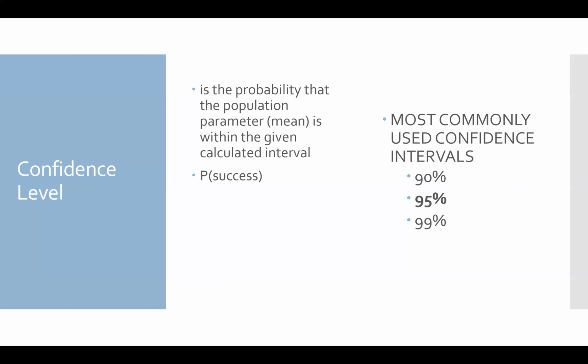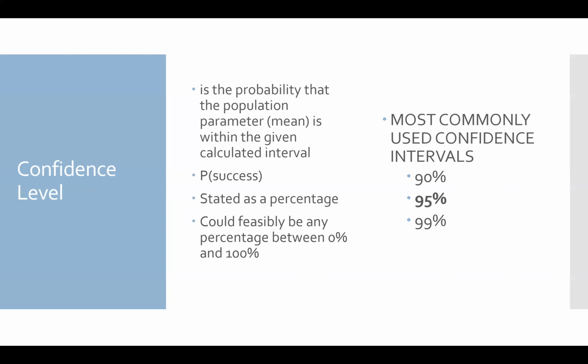It is typically stated as a percentage, although remember, probabilities can be stated as fractions, decimals, or percents. The confidence level, which is a probability, is typically stated as a percentage.